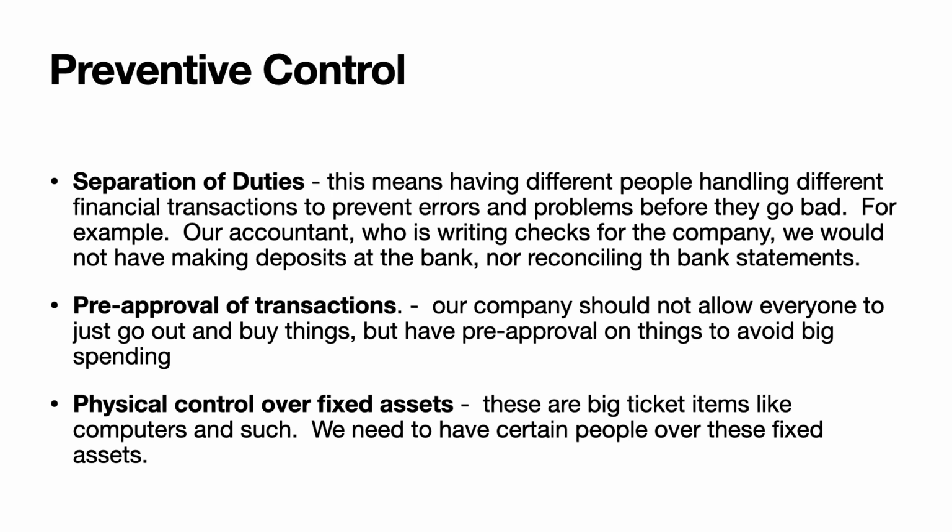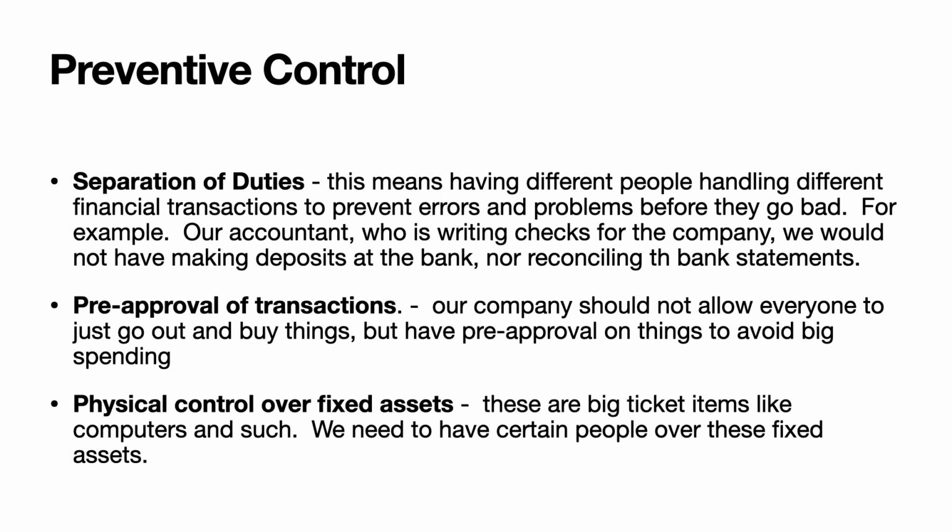Preventive controls, there are three different categories here. Separation of duties means having different people handling different financial transactions to prevent errors and problems. For example, our accountant who is writing checks for the company, we wouldn't have him making deposits at the bank or reconciling the bank statements.